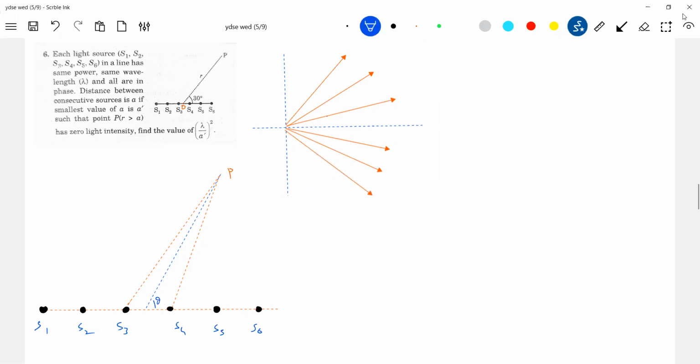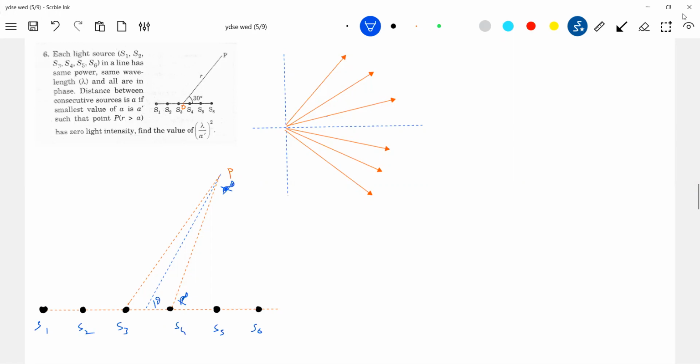Let's indicate. This angle is theta. I'm not plotting theta. So this particular wave reaches point P with 0 phase. If you are unable to understand, the wave is here, and by the time it arrives here, it will have some phase angle.